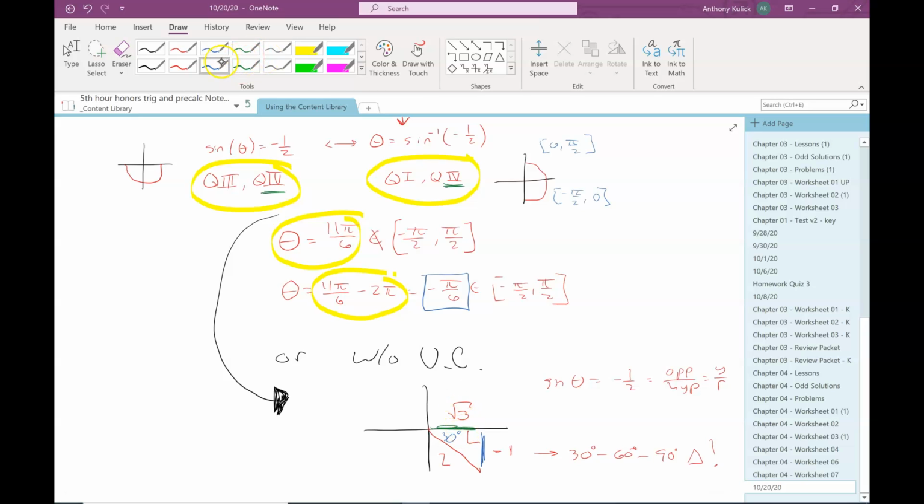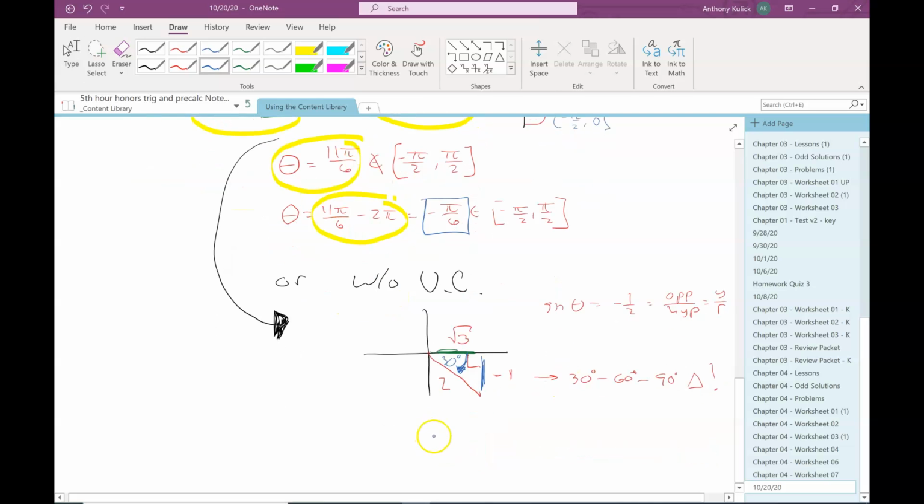So, if I am talking about the angle of rotation here, that's negative 30 degrees. Or when I convert it into radians, negative pi over 6. Is that okay?